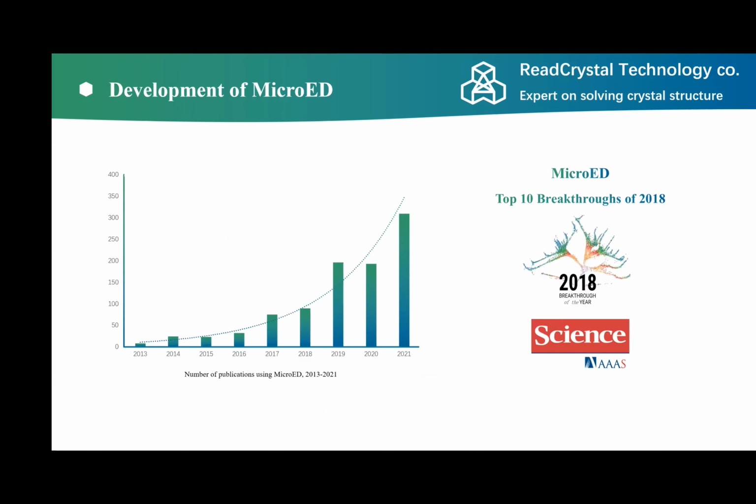Since the method was invented, it has attracted a lot of attention from both academia and industry. We can see the publications related to this method have grown dramatically in recent years, and it was also ranked among the top 10 scientific breakthroughs of the year 2018 by Science magazine.